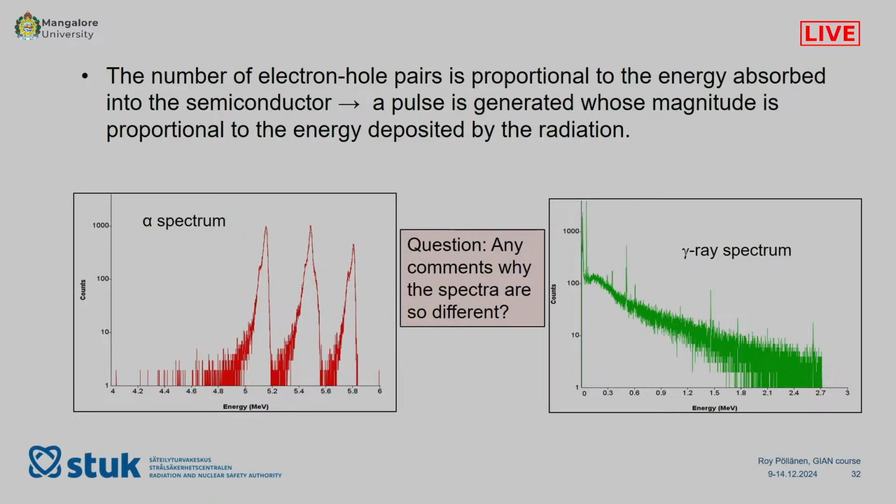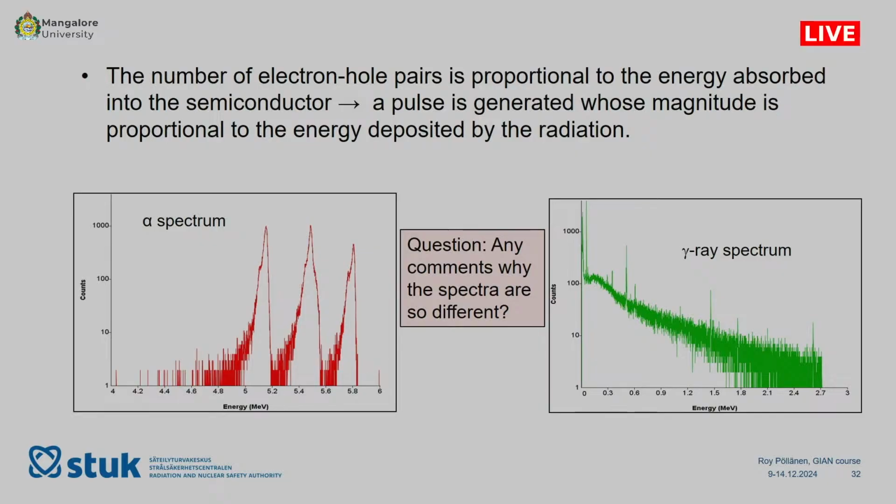Of course, the energies are different. You can see that typical alpha particle energies are from about 4 up to 9 MeV. Typical gammas are from close to 0 up to around 3 MeV in the case of natural radionuclides.